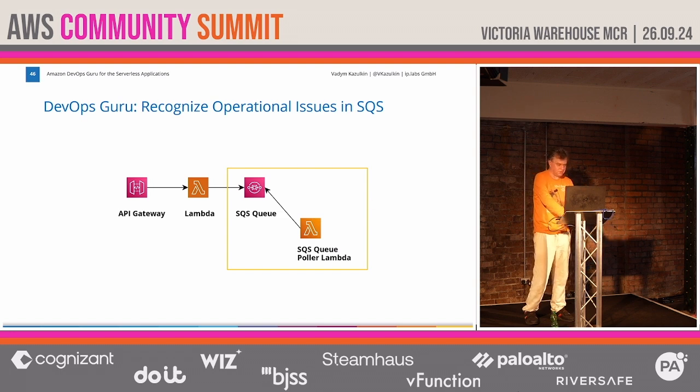So this all works. I'll show you several more incidents. Here, for example, we have Lambda and an SQS queue, so we have some asynchronicity, with Lambda polling from the SQS queue. What might happen is that you change the format of the event, the message which goes to the SQS queue, and then Lambda cannot parse it. It just takes it from the SQS queue and runs into an error.